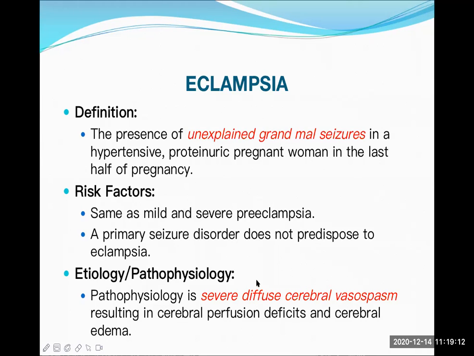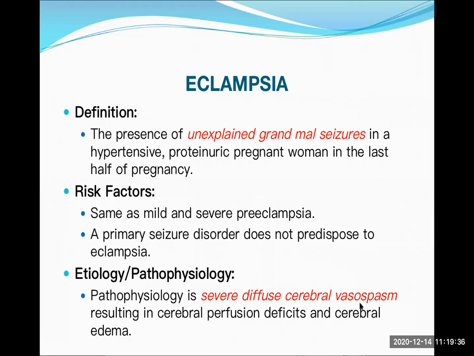Regarding the etiology and pathophysiology, it is severe diffuse cerebral vasospasm resulting in a cerebral perfusion deficit, which means it decreases or cuts off the blood supply in certain areas of the brain. That area may develop ischemia, and then eclampsia may result. At the same time, there is diffuse cerebral edema.